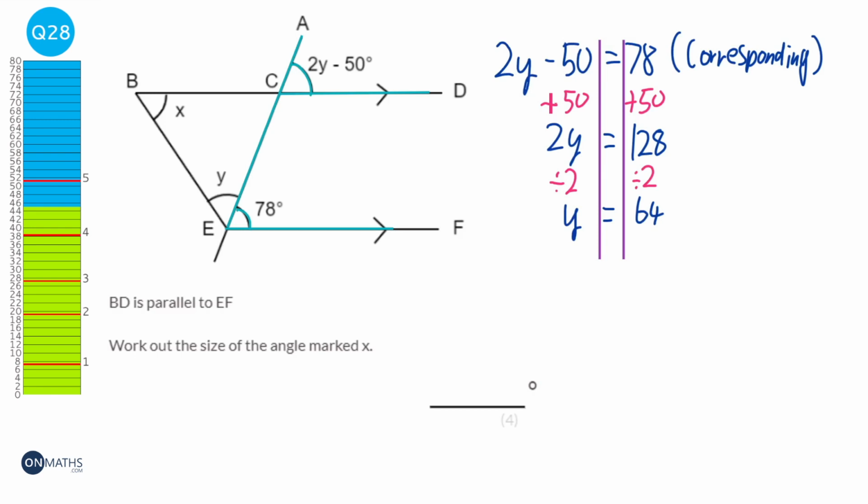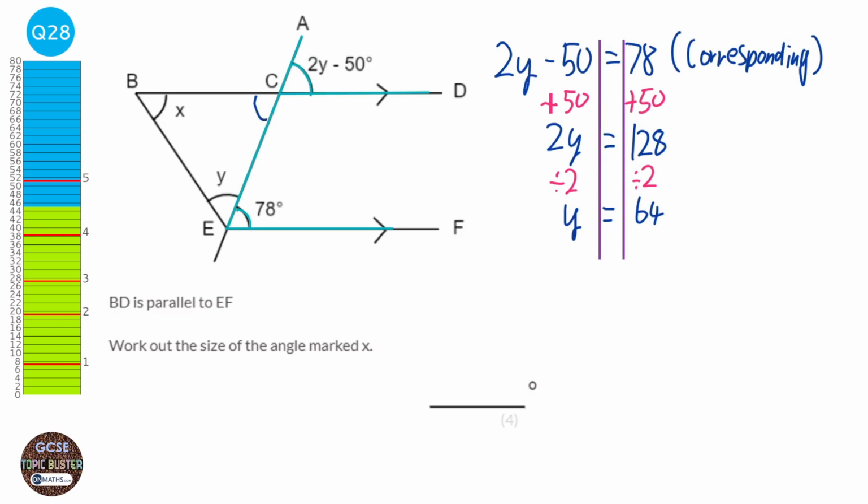And so we look back at the diagram to find out how we'd work out x. Well, there's a few different things we can do. We could work out the fact that these two here are vertically opposite. That would be absolutely fine.